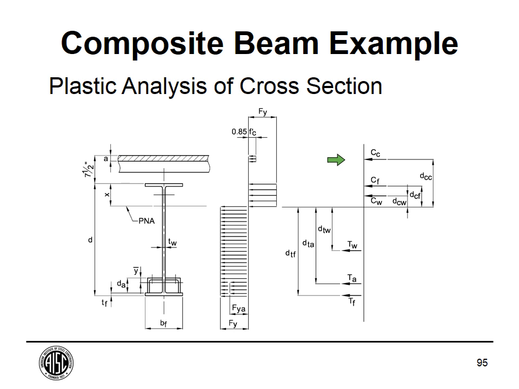So we end up with a concrete compression of C sub C, and we have C sub F, which is the load in the flange at yield. This is going to be F sub y equals 50 ksi here, and a C sub W, which is the load in the web above the plastic neutral axis. It's going to be based on 50 ksi.